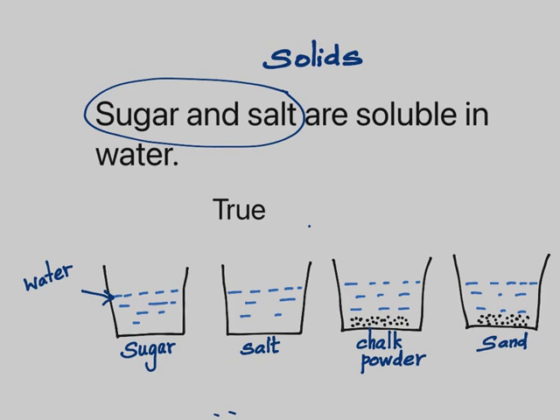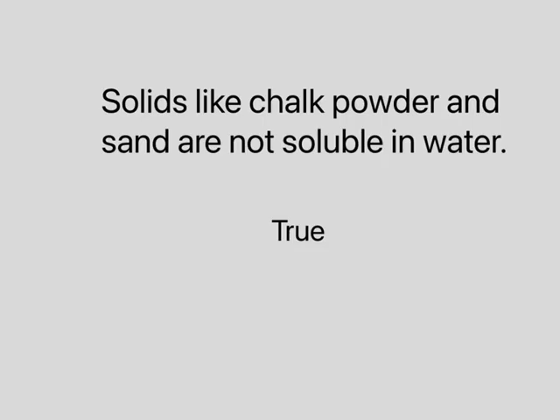You can still see the chalk powder and sand in the water after mixing it. So, solids like sugar and salt dissolve and they are soluble in water. But solids like chalk powder and sand are not soluble in water. True.